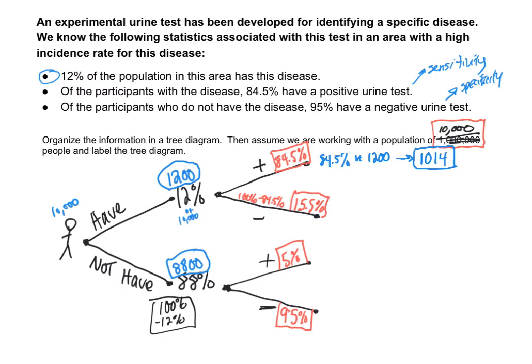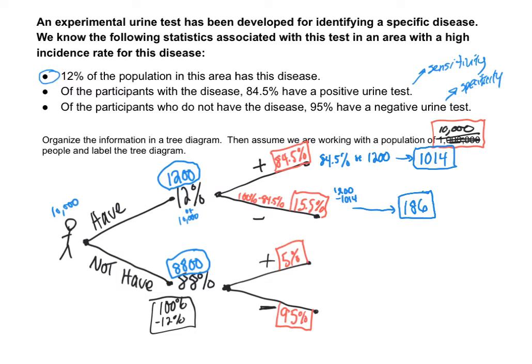So there are 1,014 people who have the disease and test positive. If I subtract that 1,014 from 1,200, the difference is 186 people. That means 186 people are going to have the disease and test negative.